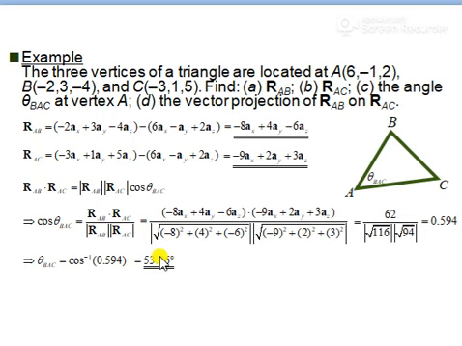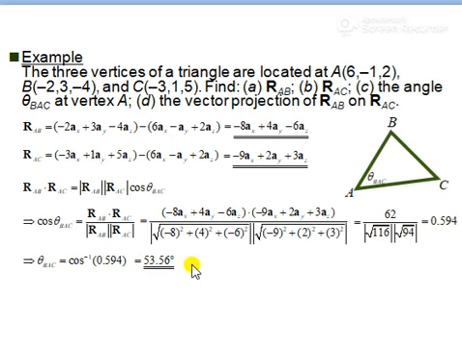Here this will become root of 116 and this root of 94, and the top, the multiplication of the components, will become 62. So therefore it will be 0.594 for cos theta BAC. So we want the angle theta BAC, the cos inverse of 0.594, which is equal to 53.56 degrees.